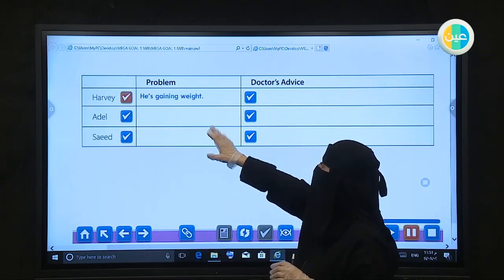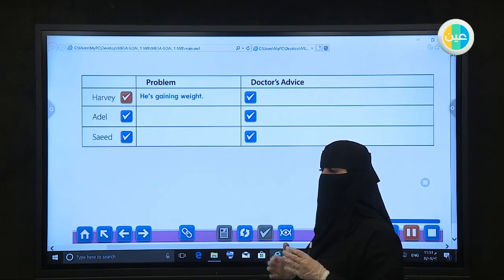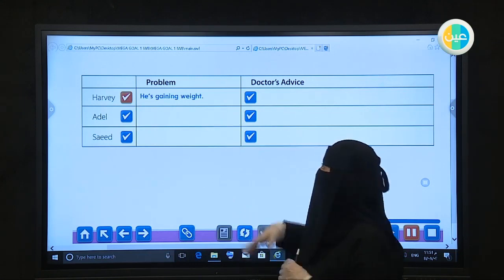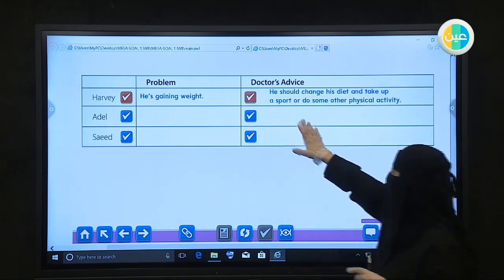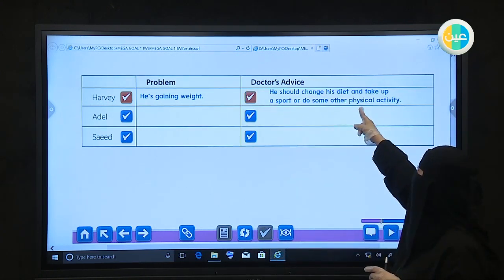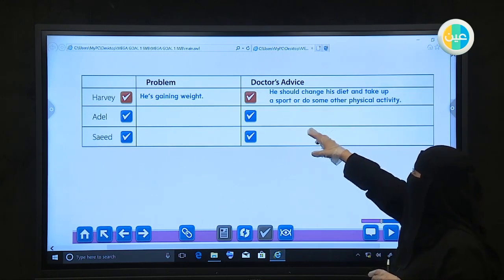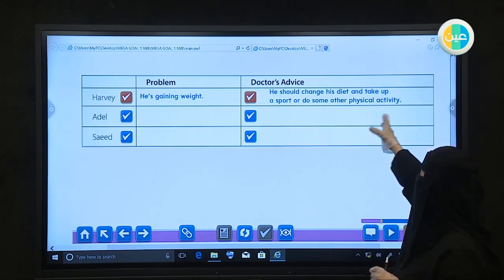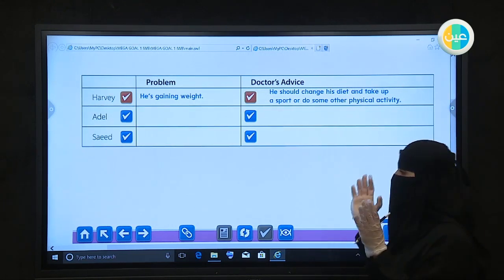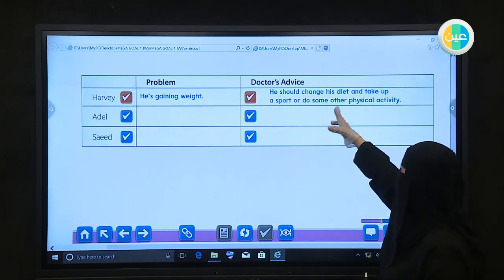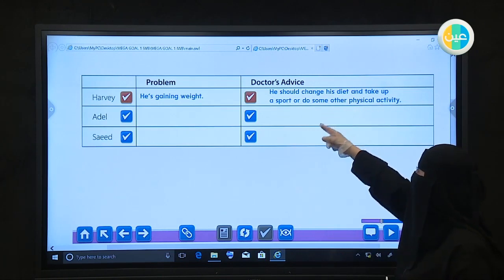He is gaining weight. It means that he is becoming fat. What is the doctor's advice for him? He told him that he should change his diet and take up a sport or do some other physical activity. So he has two things that he should do to lose weight: change his diet and take up a sport.